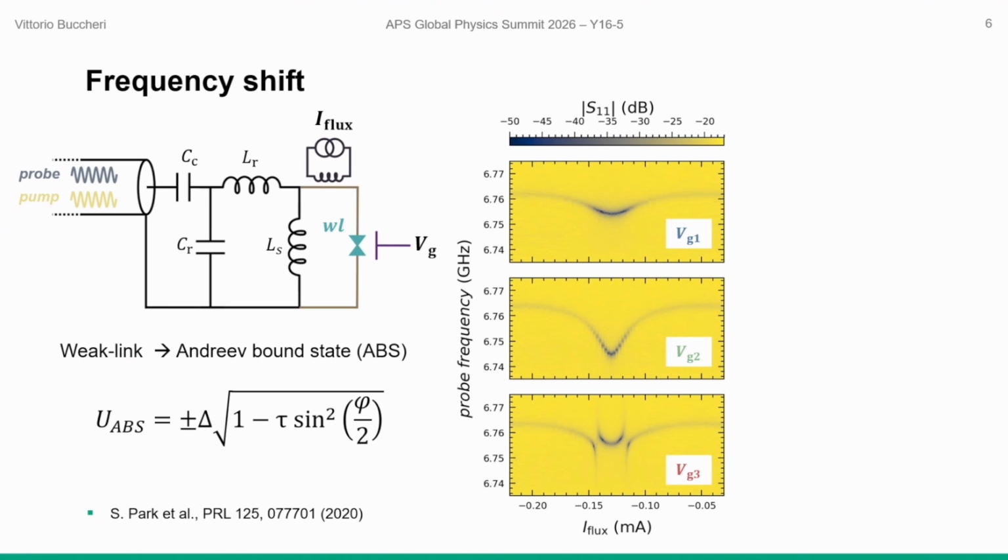In the simplest case, we can consider that we have an Andreev bound state in our weak link. An Andreev bound state is a 2-level system, and its potential depends on the superconducting gap of the leads. Then it depends on tau, which is the transparency of the junction that we can control with the gate. And then it depends on phi, which is the phase across the junction that we can control with our flux line.